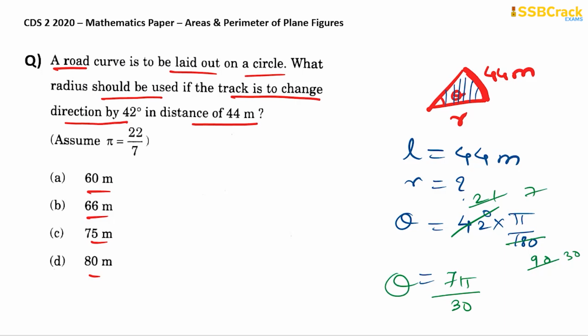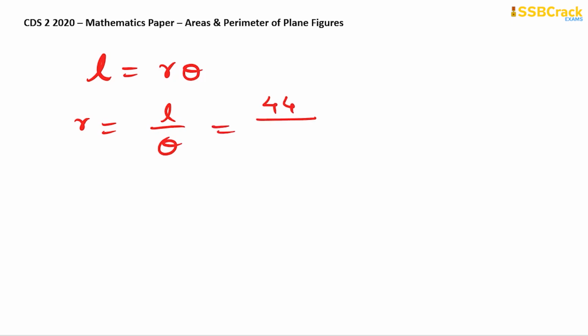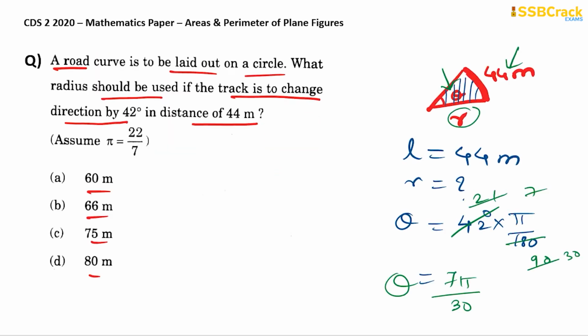So we shall find R, with theta known and L known. So what's the formula? Can you recall yourself? We have the formula of length of arc, that is L is equal to R theta. So R is equal to L upon theta. L was 44 meters and theta we obtained in terms of pi, 7 pi upon 30. For this question, they said use the pi value as 22/7.